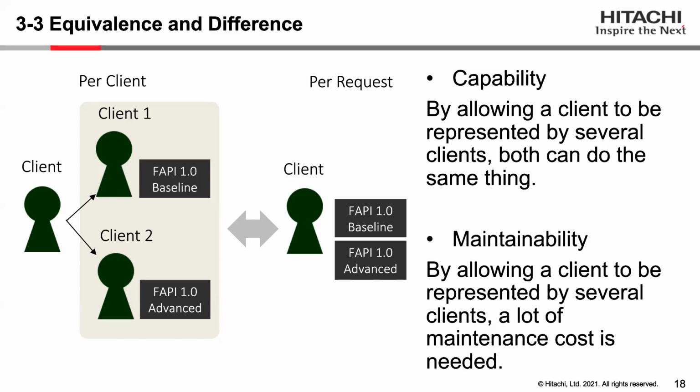Then the client instantiates two clients, client 1 and client 2. Client 1 is used for accessing the read API, while client 2 is used for accessing the write API. The server applies FAPI 1.0 baseline onto every request from client 1, while the server applies the FAPI 1.0 advanced security profile onto the request from client 2.